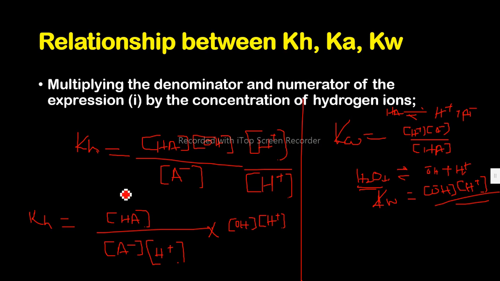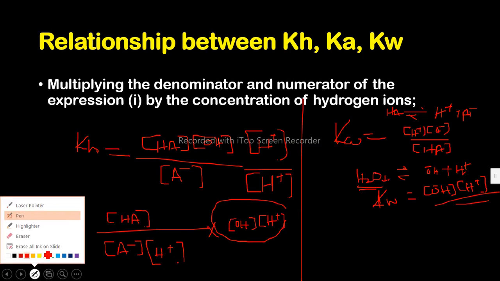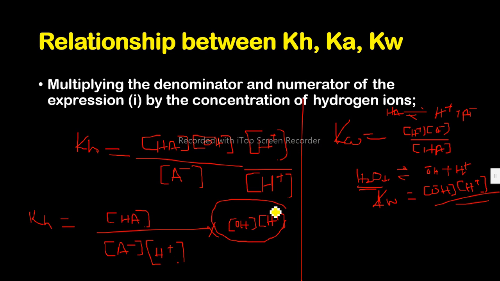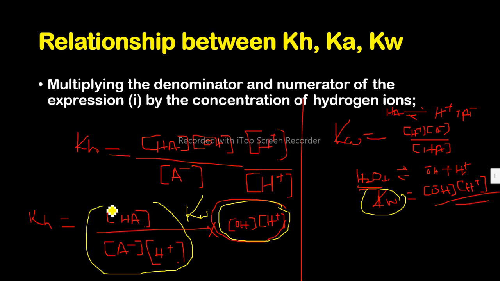So now, what I've done, have I changed anything? No. So, do you agree that this is actually Kw? Yes. So, if I put Kw up, are you seeing this as the inverse of this?